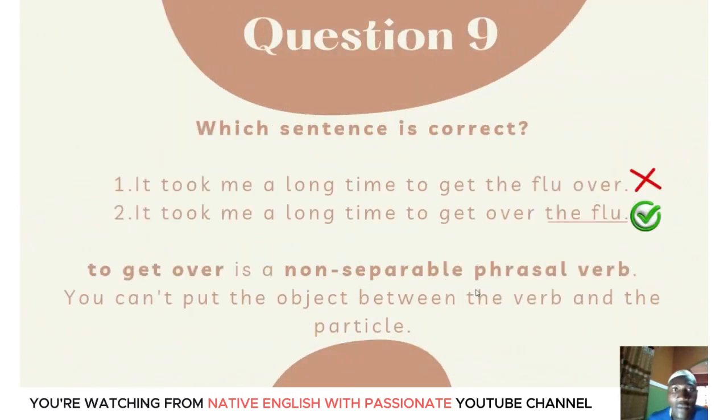So question 9, which sentence is correct? It took me a long time to get the flu over. It took me a long time to get over the flu. I've even put the answer before you talk. The second sentence is the most correct because the phrasal verb get over is non-separable.